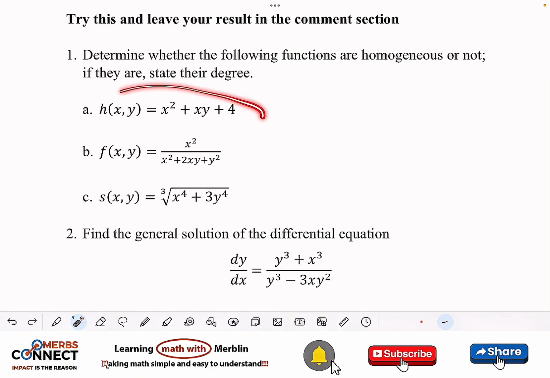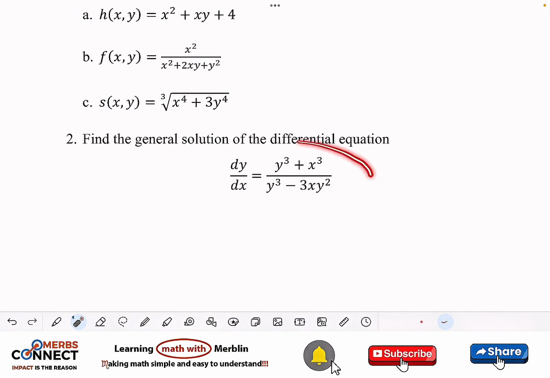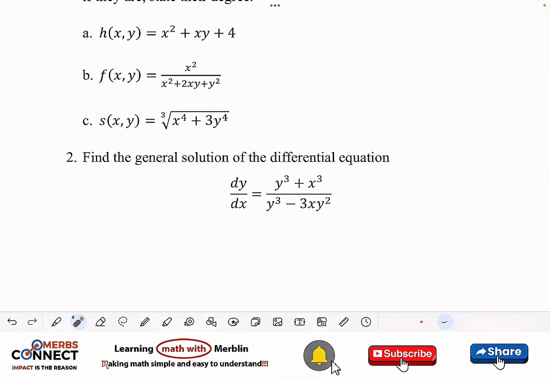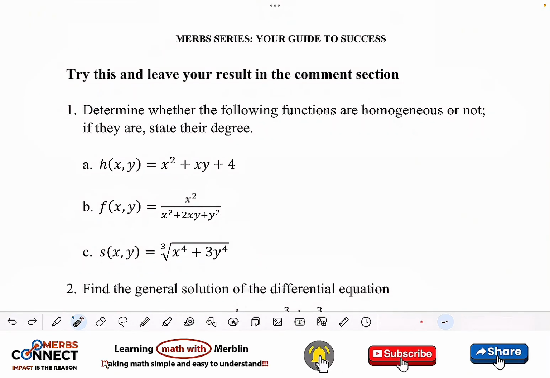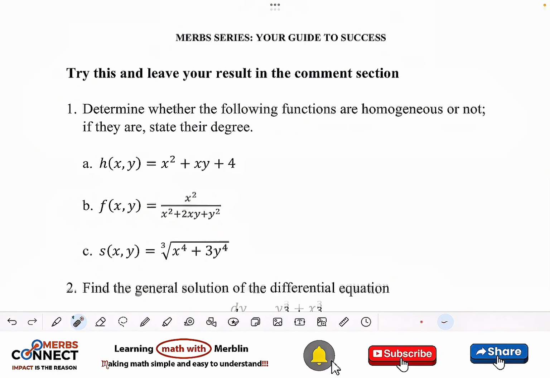So check if it is homogeneous, and then when you finish, try to find the general solution using the homogeneous differential equation. So in the next video, guess what we are going to talk about? In the next video, we are going to discuss another method, which we call exact differential equation.